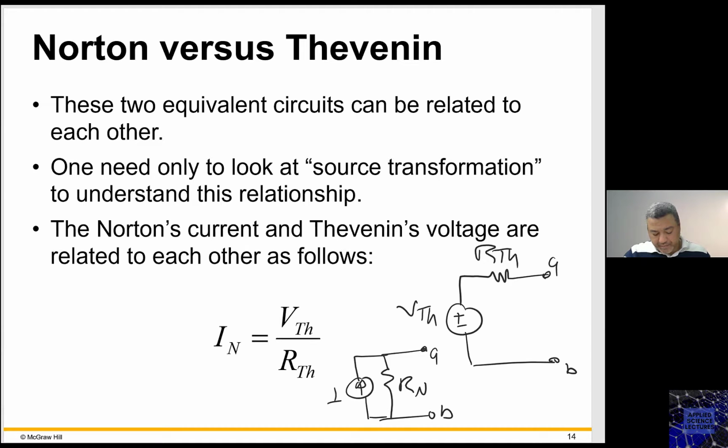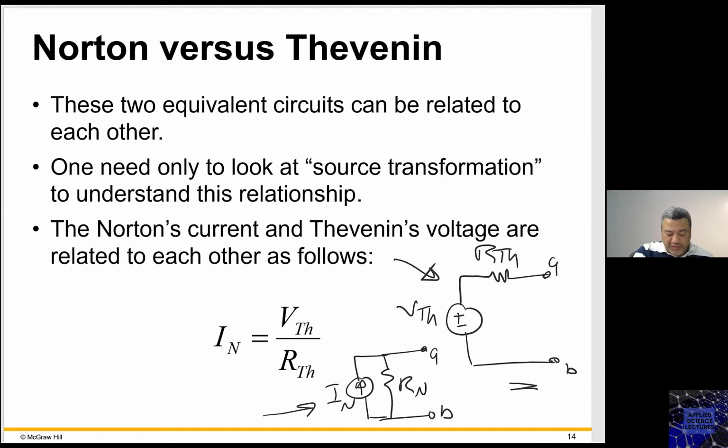right? This is the Thevenin's equivalent circuit. This is the Norton's equivalent circuit. If you recall from the source transformation, if I do source transformation to the Thevenin's equivalent circuit, what do I get? I will get this one. Why?